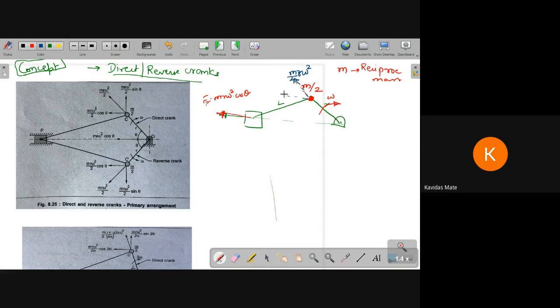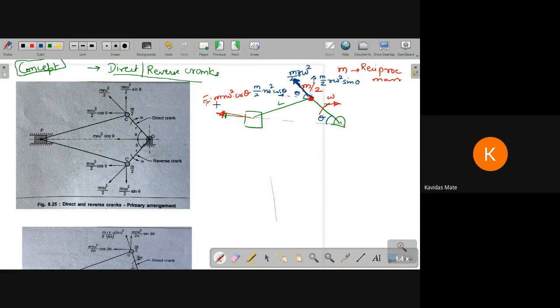So there would be two components. It is at angle theta, so this would be theta. What would be the two components? It would be m by 2 into r into omega square cos of theta, and m by 2 r omega square into sine of theta. So I just resolved this unbalanced or centrifugal force acting on the end of the crank into two components.